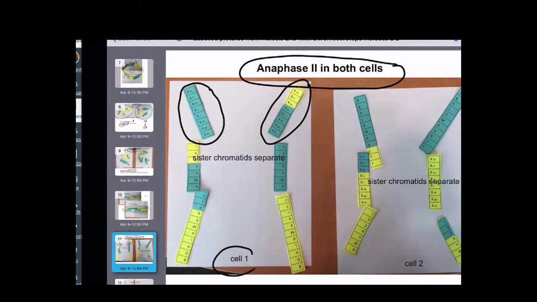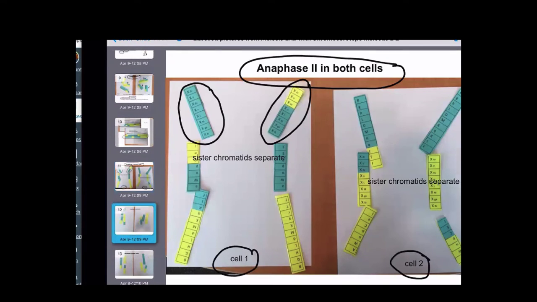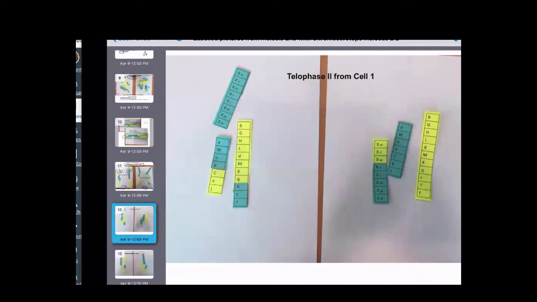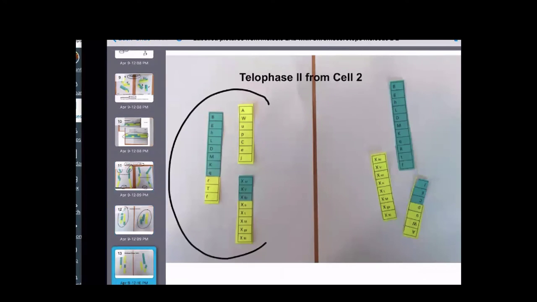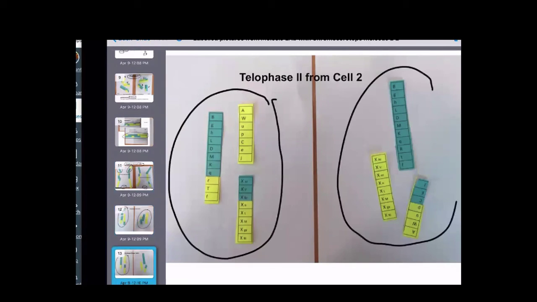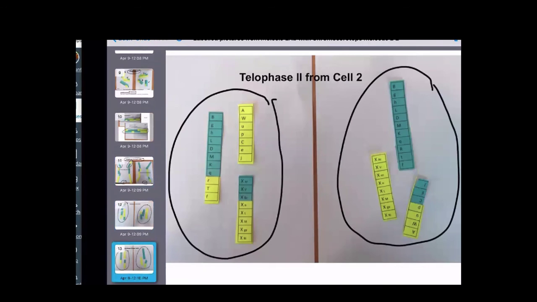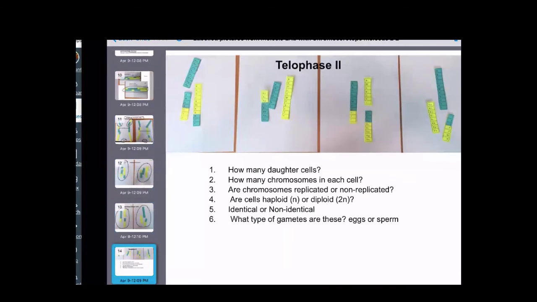So here's cell 1, here is cell 2. And at the end of this, we're going to form 2 new cells from cell 1 and 2 new cells from cell 2. So now again, these cells are haploid.